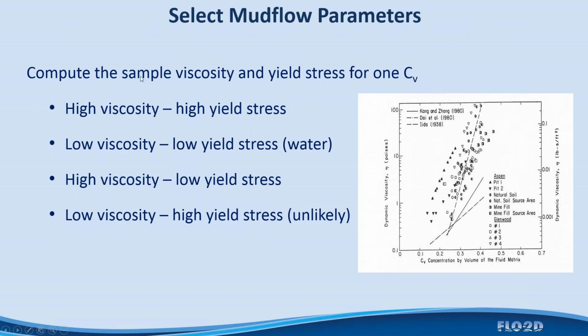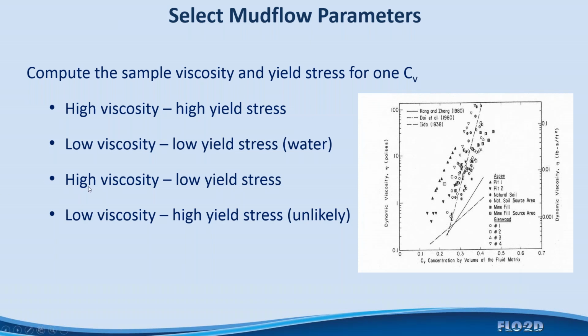Then if you compute these for one concentration by volume, you might look and say, this sample has high viscosity and high yield stress. This sample has a relatively low viscosity and a low yield stress. It's going to behave more like water or a very turbulent mud flood.